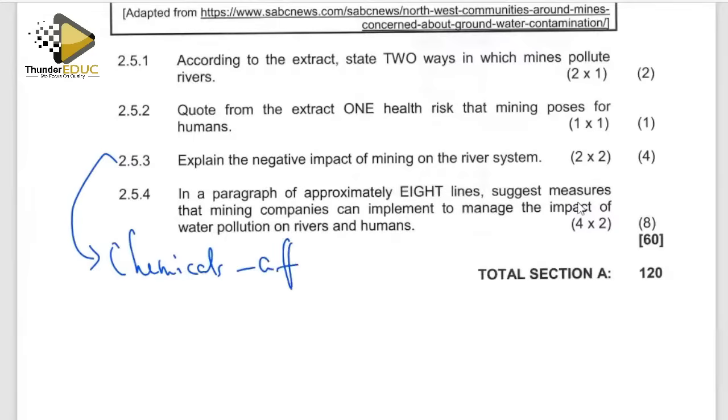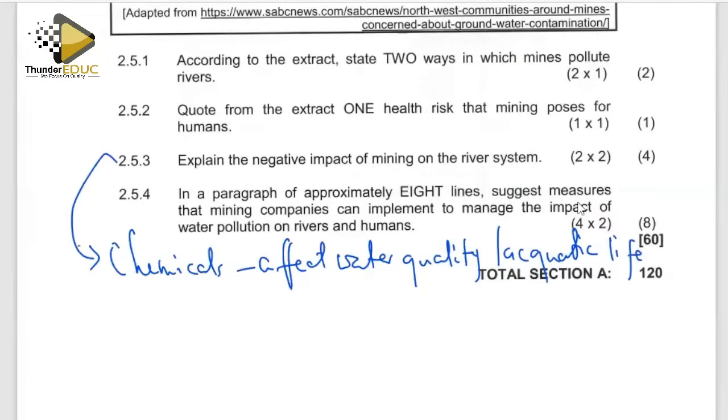They affect water quality. The quality of water is negatively impacted by chemicals in the river. We can also talk of the effect of the chemicals on aquatic life, which is also going to be disturbed. Aquatic life is negatively impacted.